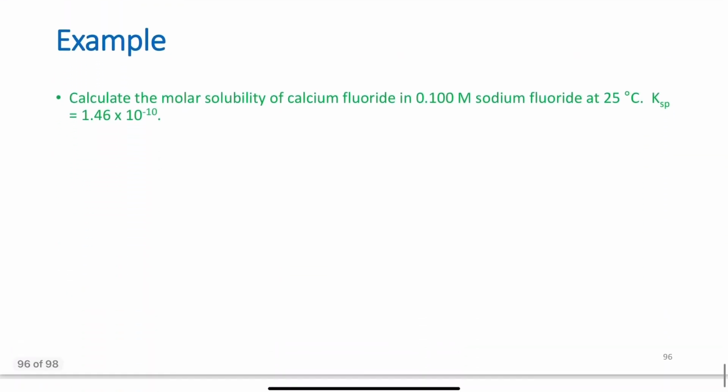What about the molar solubility of calcium fluoride in a 0.1 molar sodium fluoride solution? Why does that matter? This is a common ion effect.